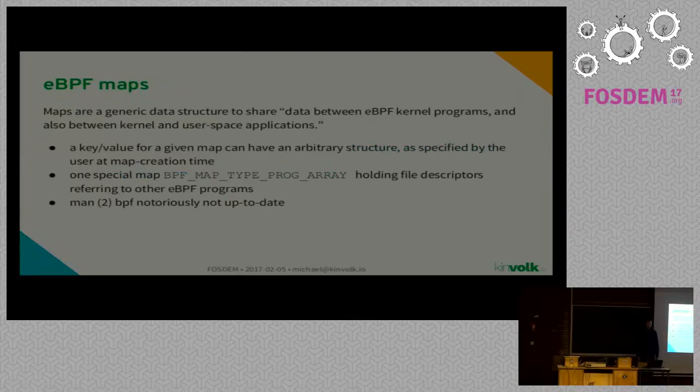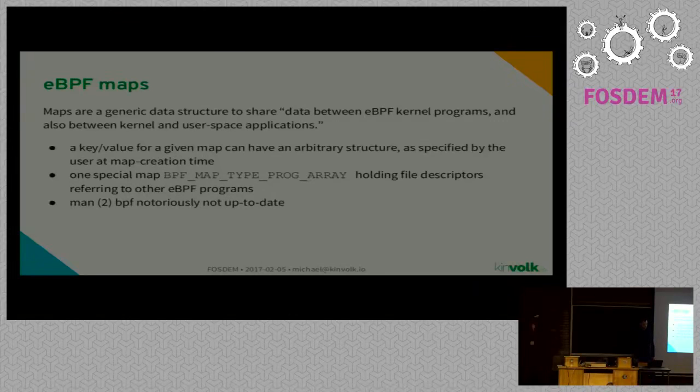Then we have maps. Maps are the data structures to share data between kernel and user space. When you create a map, you can say what data you want to put in there. So it's up to you if you want to have an integer value in there and you only need to store one, you can create a map with size 1 and define that key and value are of type integer, for example.